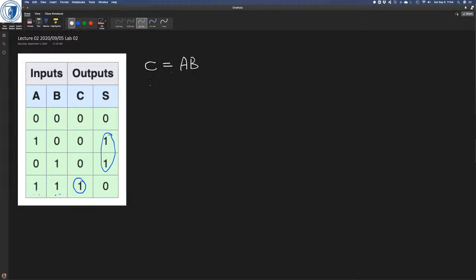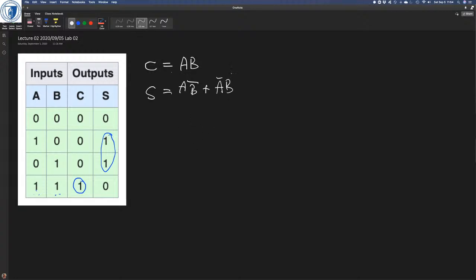Right, and then S is, well, one way to do it would be to say that's A B-bar, or A-bar B, right?